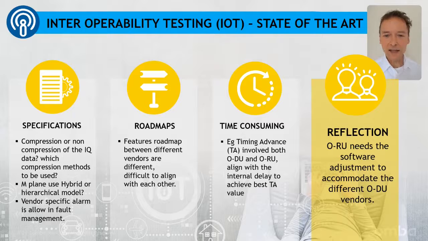The standard has many options, and with these options come variations, and these variations are what cause a lot of time-consuming work. But it's not only that these options are there, it's also missing some pieces. So we find that with many of our DU partners, we need to have vendor-specific things that we implement on the RU to make the system work correctly.